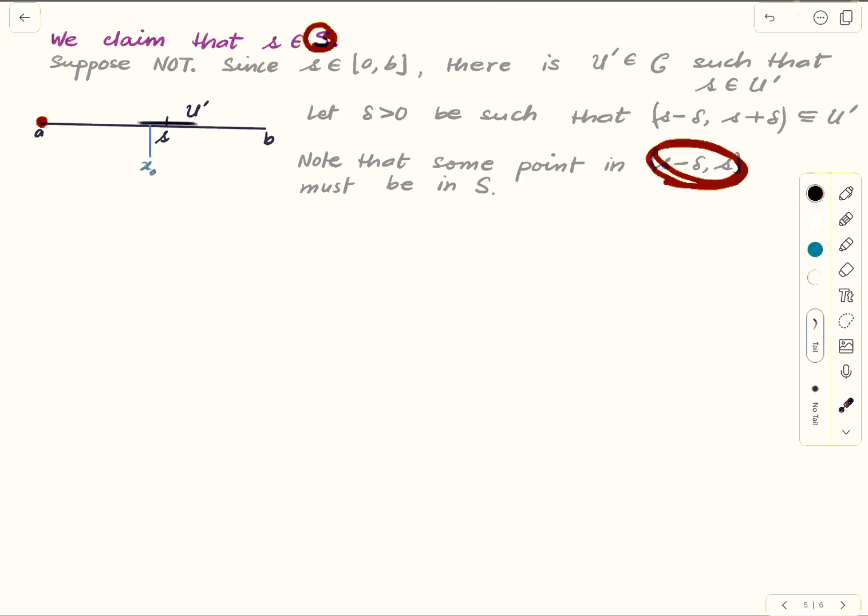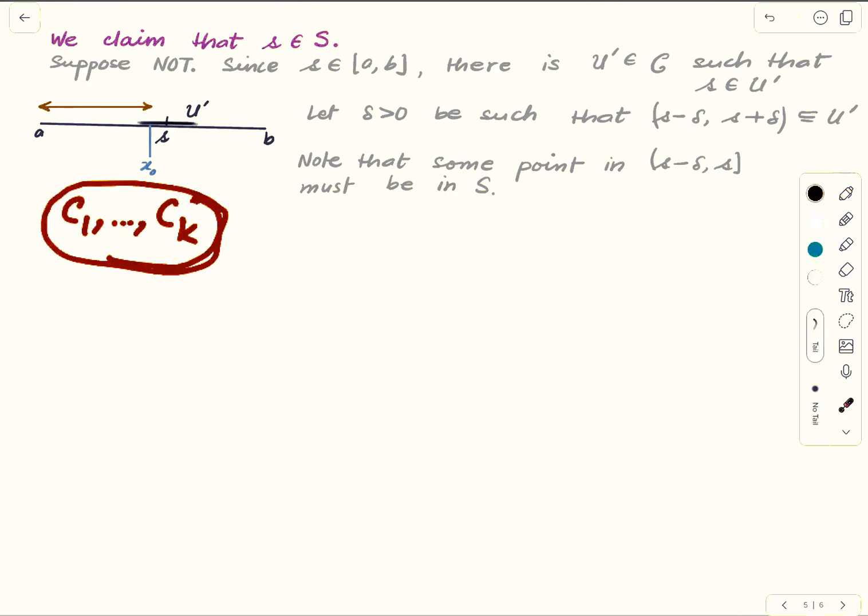Which means that this closed interval is covered by finitely many elements of C. So this closed interval, this much, is covered by finitely many elements of C. Let's say those things are C1 up to Ck. So the union of this contains this interval. But to this just append U prime.